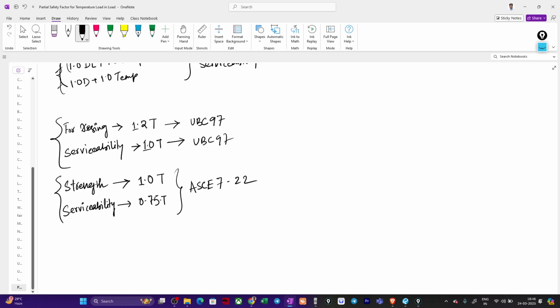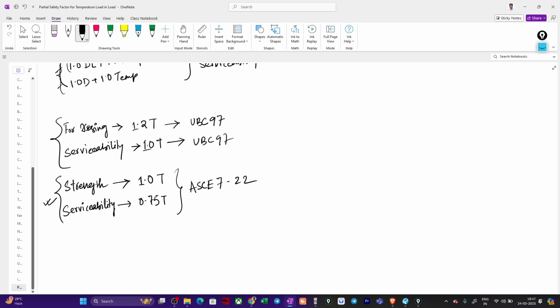When the effect of the temperature load is not that great, the extent of that temperature difference is not high, and obviously the developed forces are also not high, we can go with this condition. We can take 1.0 as the partial safety factor for strength design, and 0.75 for serviceability.